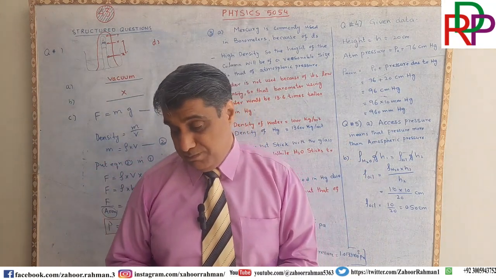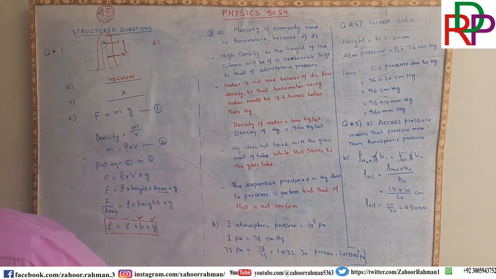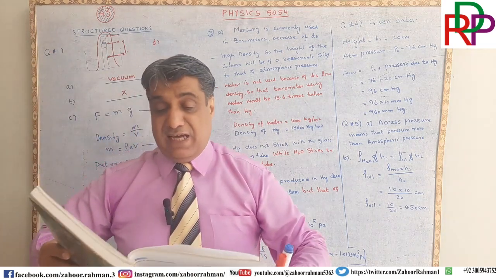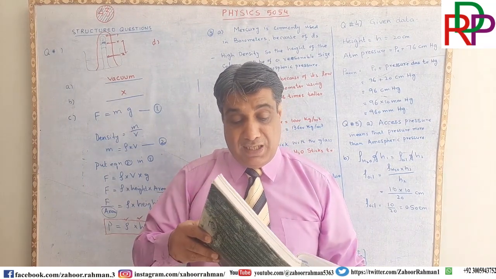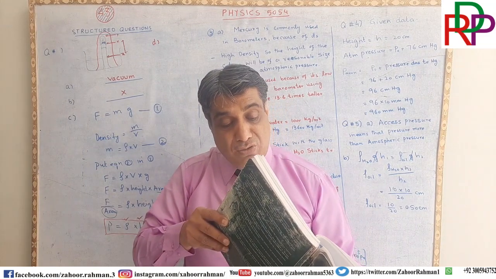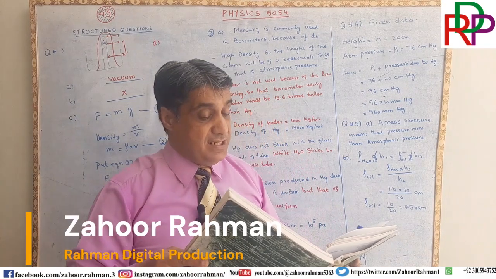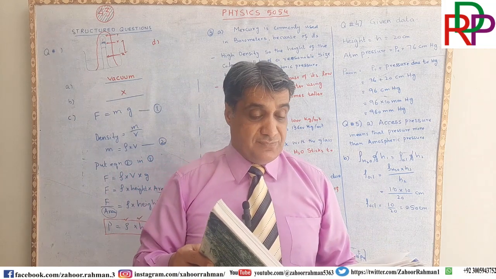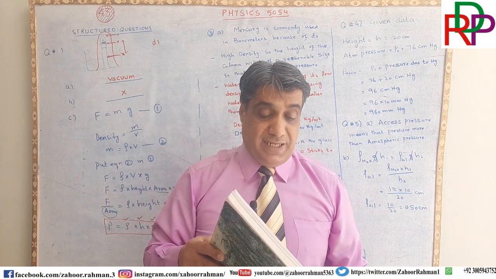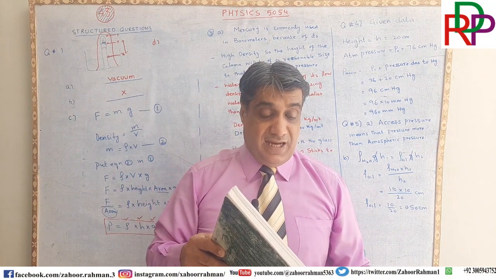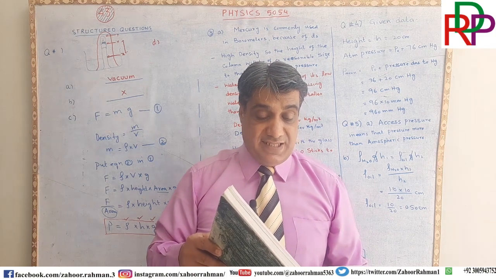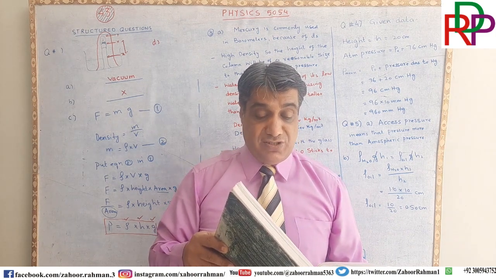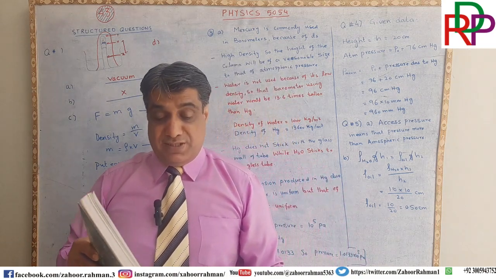That was one. The B part is saying the diagram shows the use of a U-tube manometer to compare the densities of the two liquids. If H1 is equal to 10 centimeter and H2 is equal to 20 centimeter, you have to keep this in mind. Calculate the density of the oil given that the density of water is 1.0 gram per centimeter cube.